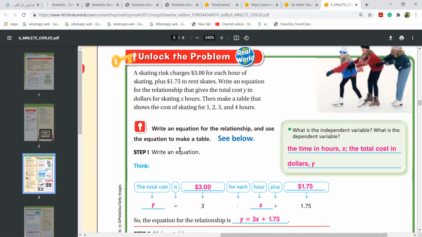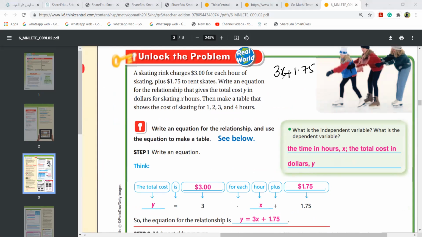Now coming to the skating rink charges $3 for each hour of skating. I go to a mall and I want to skate there. They told me that it is $3 for 1 hour, and I don't know how many hours, so x. $3 for each hour plus 1.75.